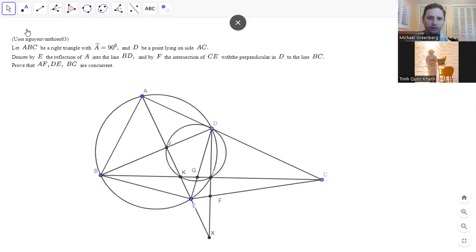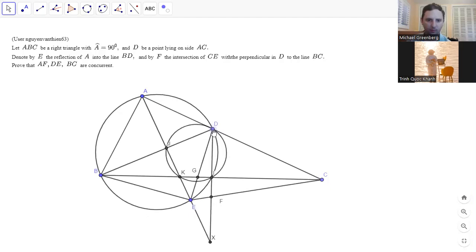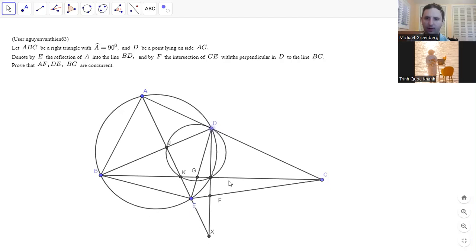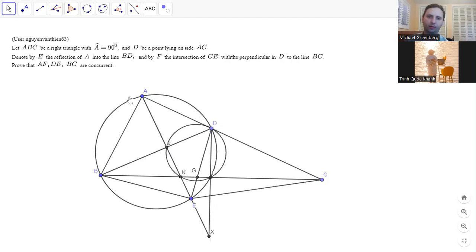Is AC tangent to that circle? No. But F is projected at D from EC to AE. Oh, yeah, I see what you're saying. Yeah. So then we just show that's harmonic.